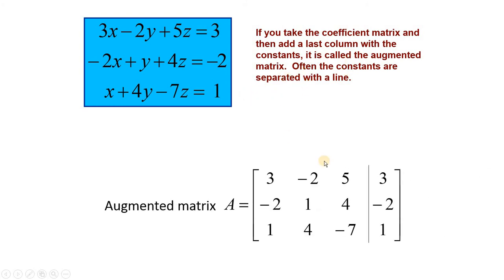So here all these coefficients have been shown. This is the coefficient matrix, and these constants have been written here, separated by this line. This whole matrix is called the augmented matrix, denoted by A. Sometimes we denote it by AB. In this augmented matrix, this part is called the coefficient matrix, and this whole matrix is called the augmented matrix.